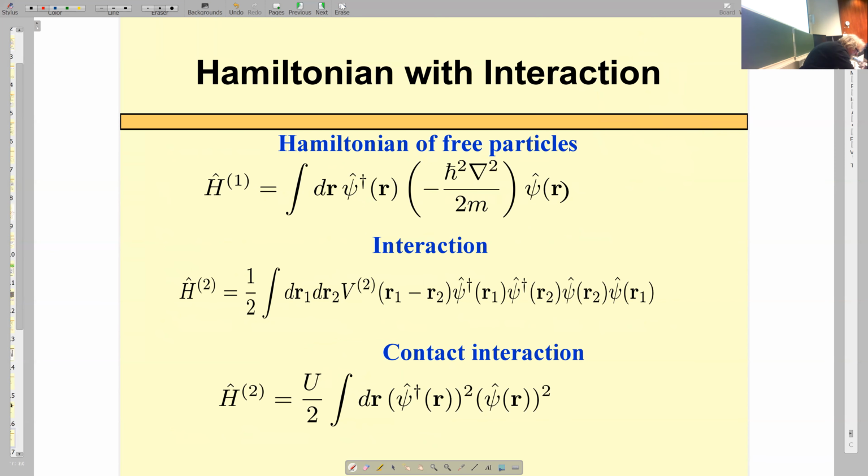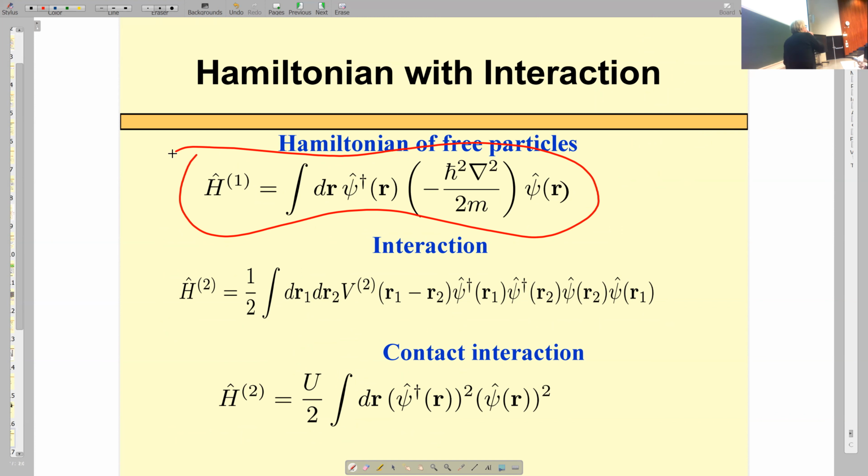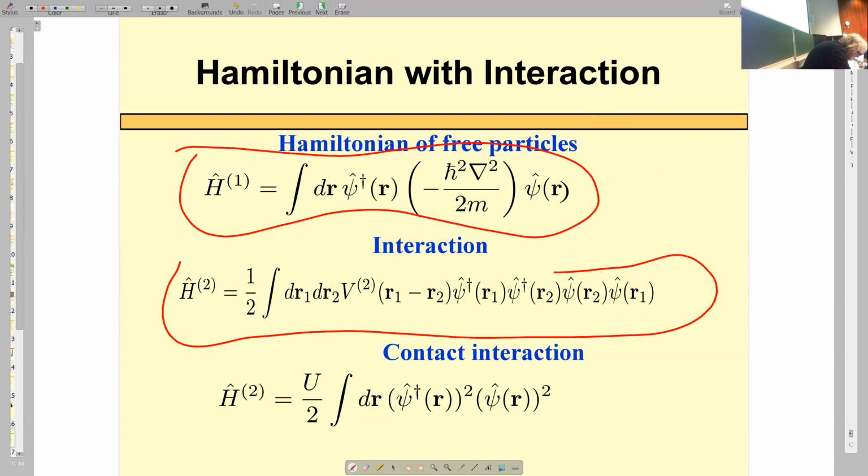Right. Let us see. First of all, let me add interaction into this Hamiltonian. First of all, there is the kinetic energy. I write it in terms of field operators. And if I add interaction, this is what I wanted to add. It's the same formula as we've been looking at in lectures 3, 4, and today's lecture number 5.